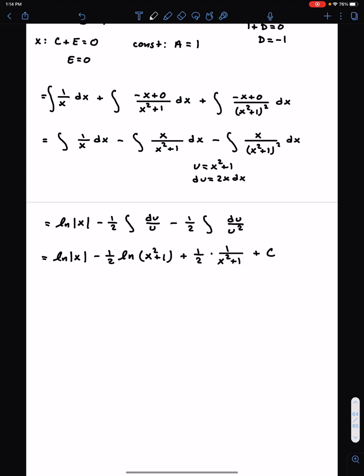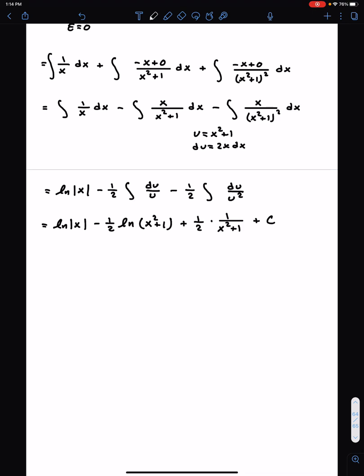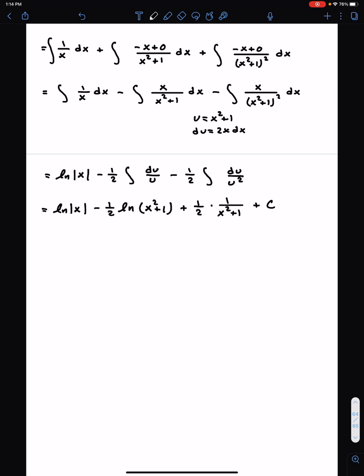No more integrals left, so plus c. Natural log absolute value of x minus 1/2 natural log of the quantity x squared plus 1 plus 1 over 2 times x squared plus 1 plus c.